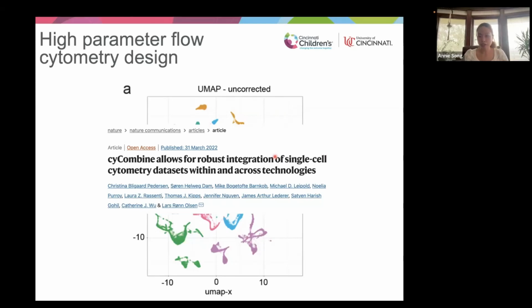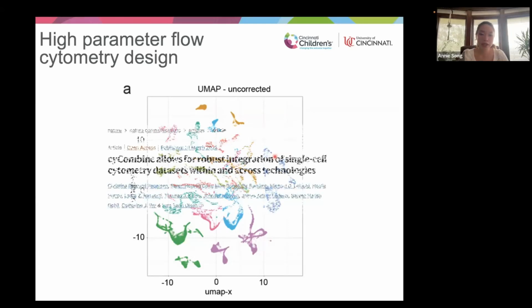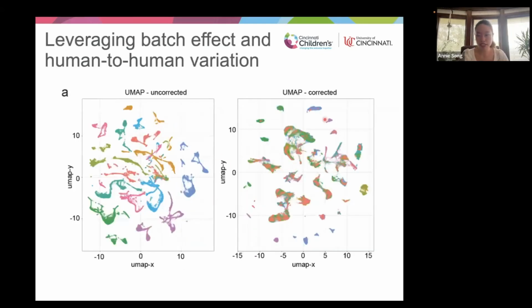It allows for robust integration of cytometry data sets and, more importantly, batch effect correction. The correction is done using a pre-existing tool called Combat, that's been around for some time. After the batch effect correction, on the right side, the majority of the cell populations from all the donors are overlapping.